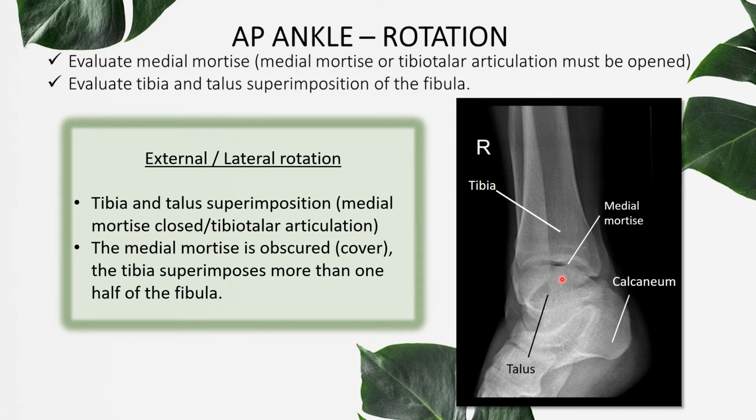Here the medial mortise is obscured, which means covered, and the tibia superimposes more than half of the fibula. This is the fibula, and this is the tibia. The tibial and talar superimposition means the medial mortise is closed.